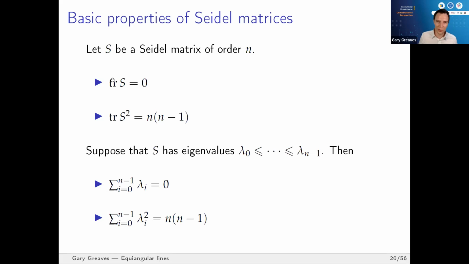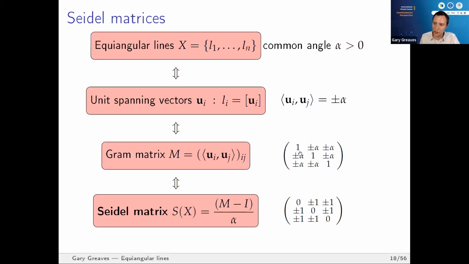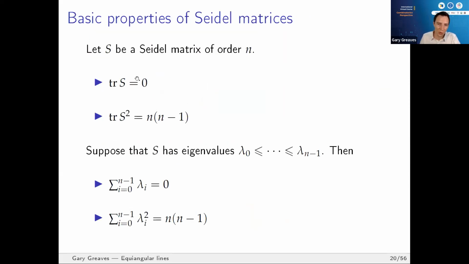The first thing we can observe is that the trace of the Seidel matrix is 0. Why is that? Well, the trace is just the sum of the diagonal entries, but we know each of the diagonal entries is equal to 0. So the trace is just 0 plus 0, n times. And so we see that all Seidel matrices will have trace equal to 0.